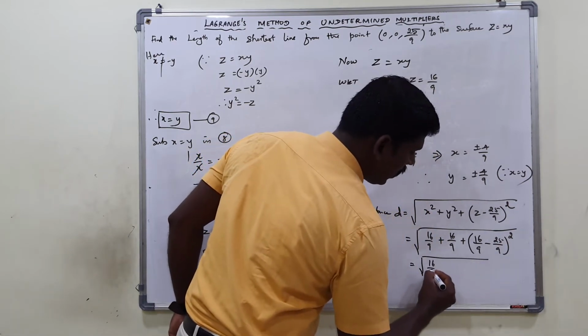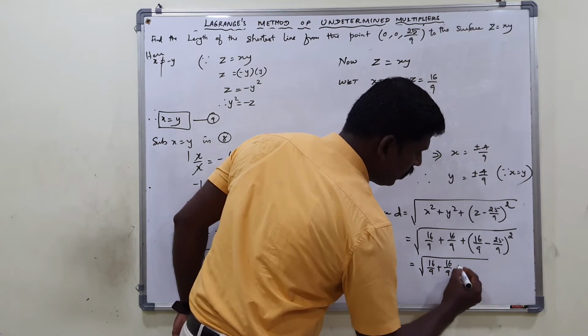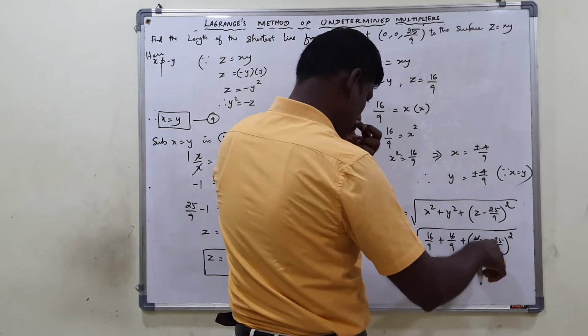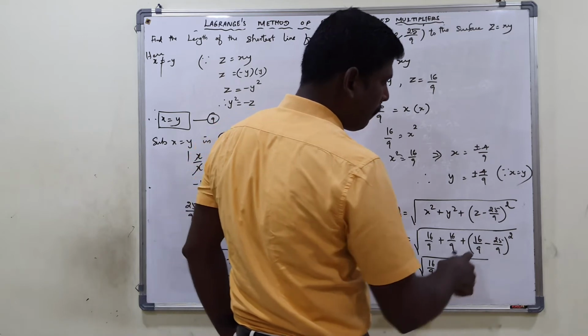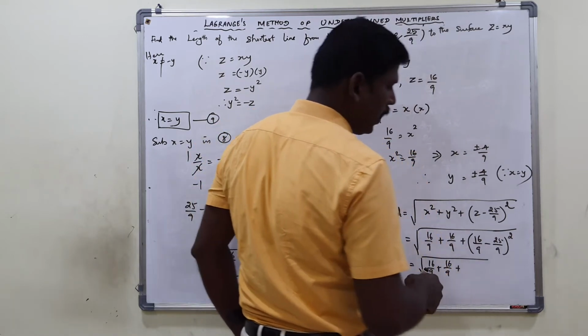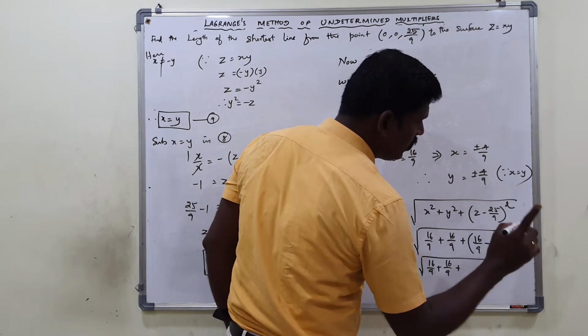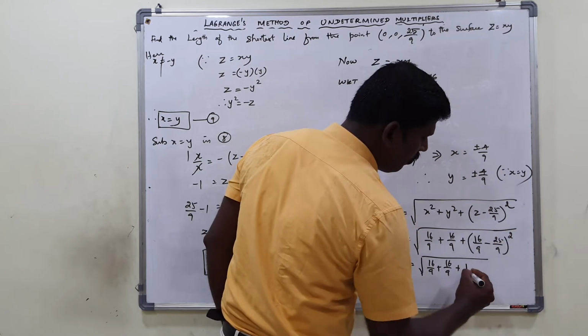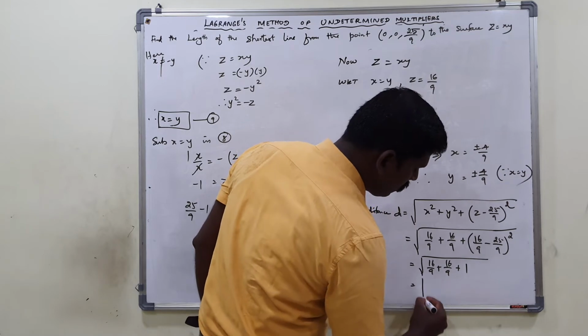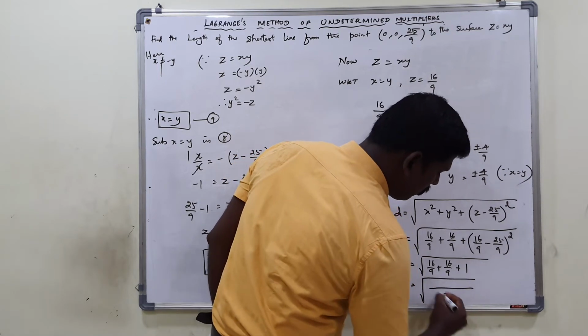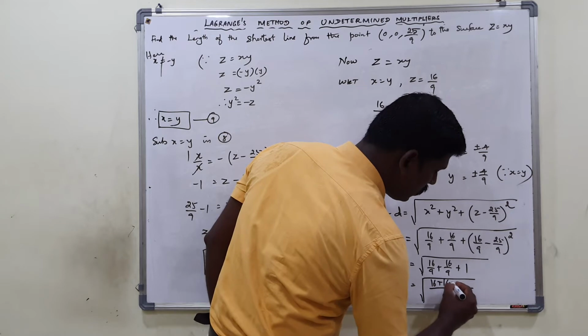So 16 by 9 plus 16 by 9 plus what? 16 minus 25, 9 by 9, it is 1. So square, when we minus 9 by 9, it is minus 1. When we take square, it becomes plus 1. So taking 9 as LCM, 16 plus 9.